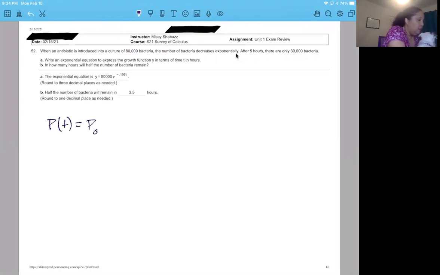Where P naught is the original amount, k is your growth or decay in our case, and t is time. They give us P naught is 80,000. They tell us when t is 5, then P of t, the amount, is 30,000.